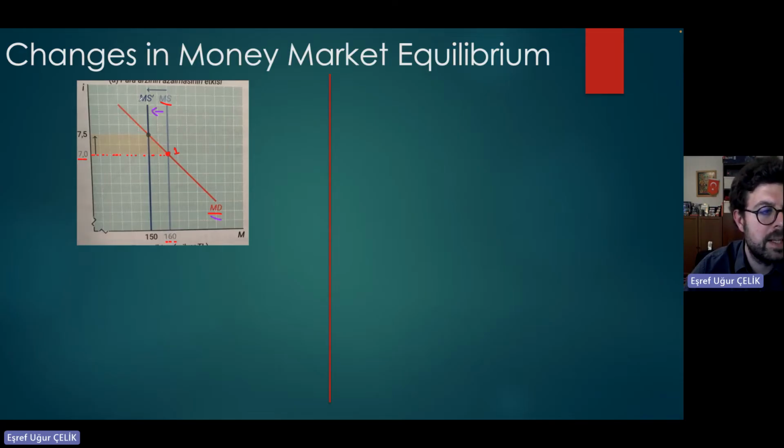No, but there is a change in money supply. So our new intersection point is over here. This is the second point. So the money supply becomes lower and the interest rate becomes higher.